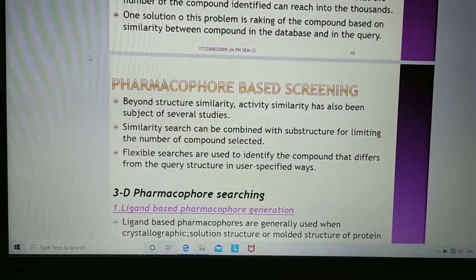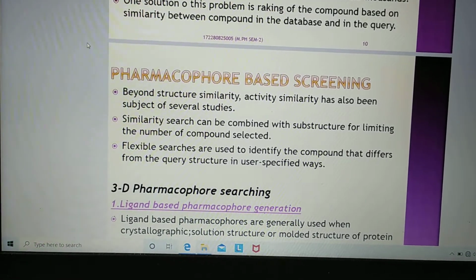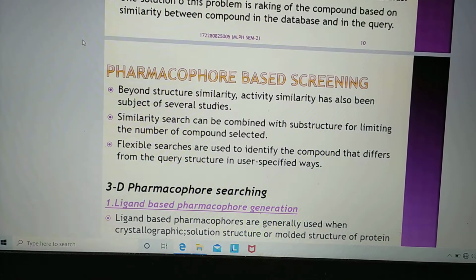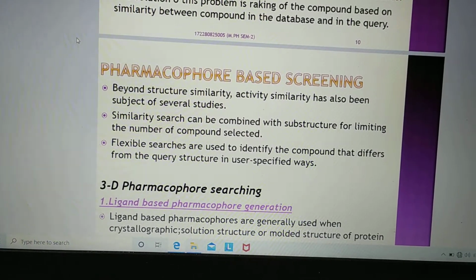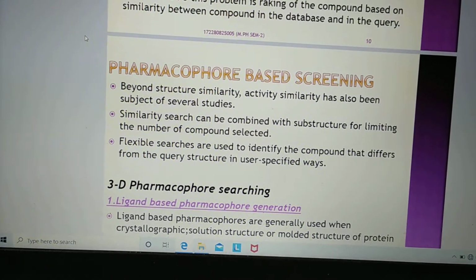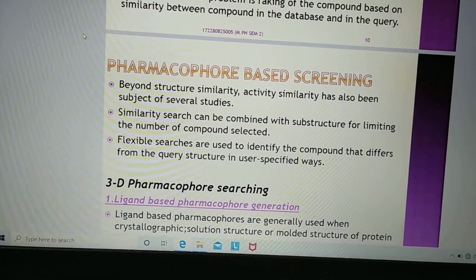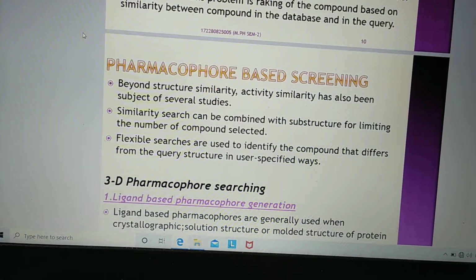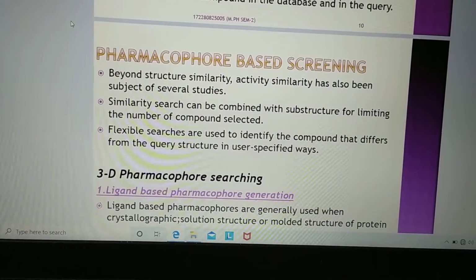Pharmacophore-based screening. Beyond structure similarity, activity similarity has also been the subject of several studies. Similarity search can be combined with substructure search for limiting the number of compounds selected. Flexible searches are used to identify compounds that differ from the query structure in user-specified ways.